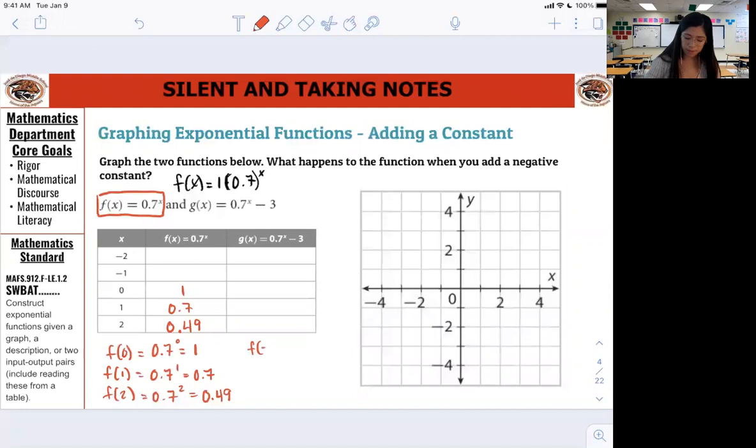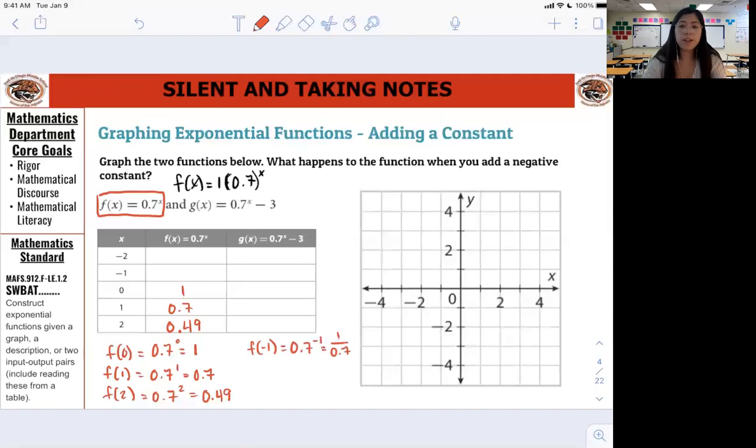F of negative 1. 0.7 to the power of negative 1. What does that actually turn it into? One over 0.7.